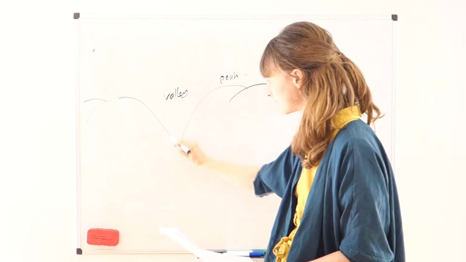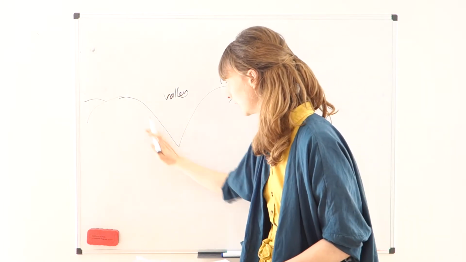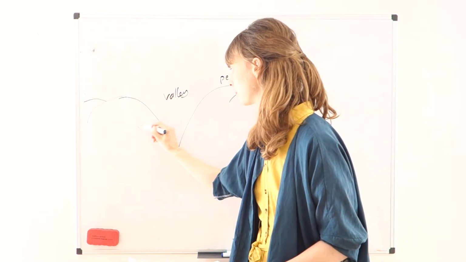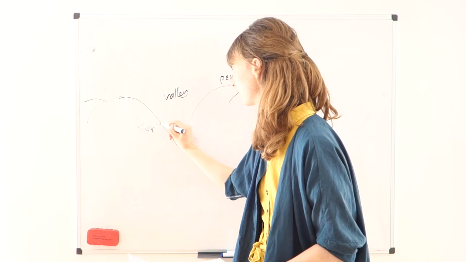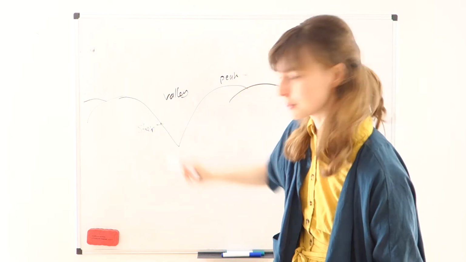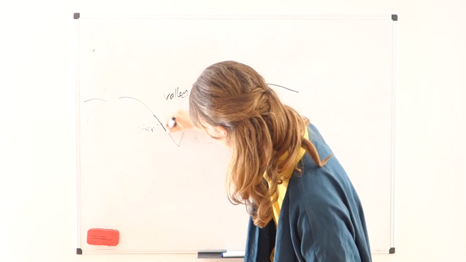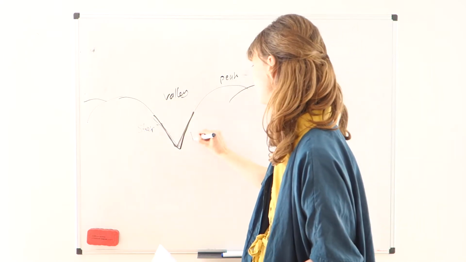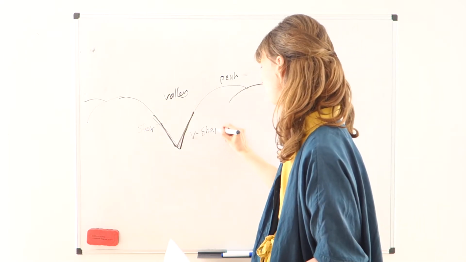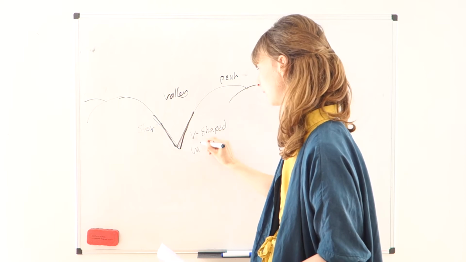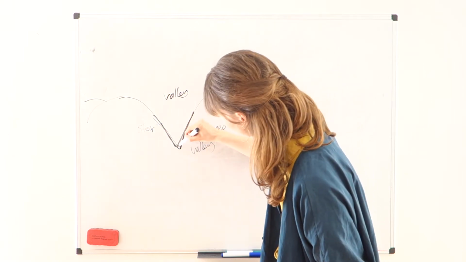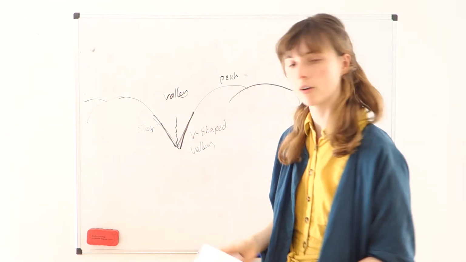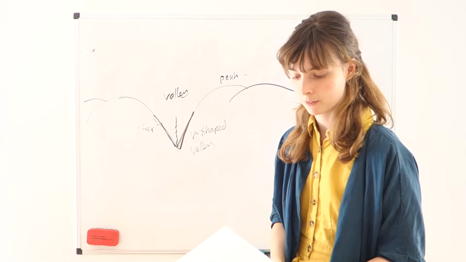It's got really steep sides. Can you see that that line is very steep? So we call that steep sides. And it looks a bit like a V shape here. We've got a V. So we call it a V-shaped valley. And our river flows along the bottom of that V-shaped valley.